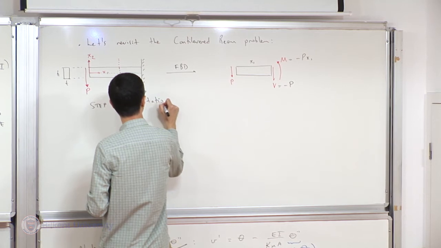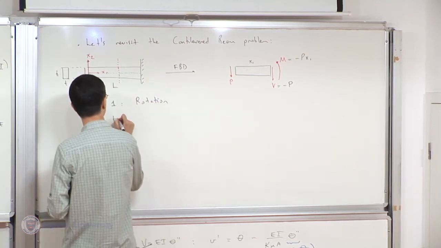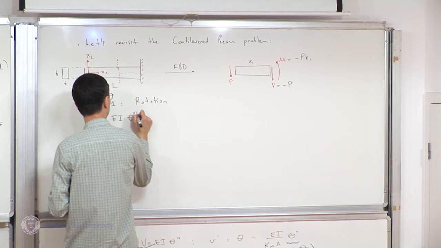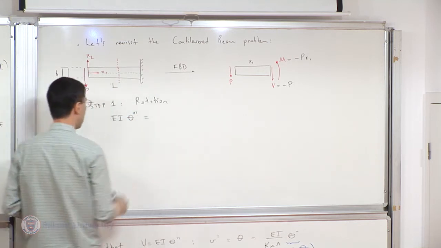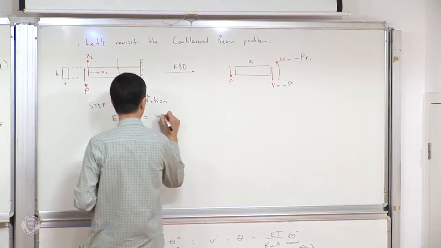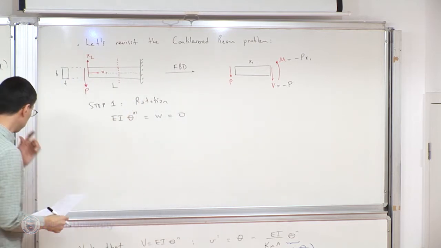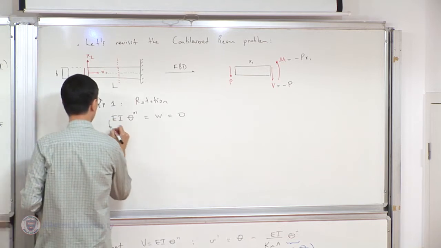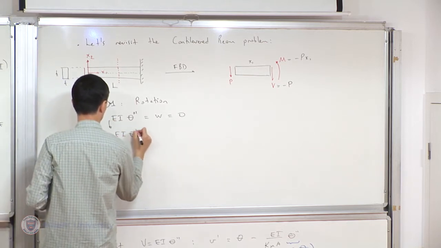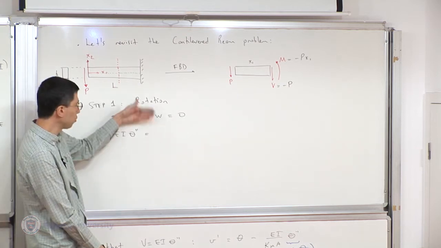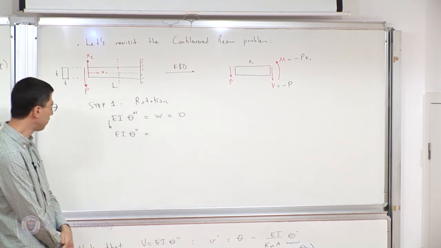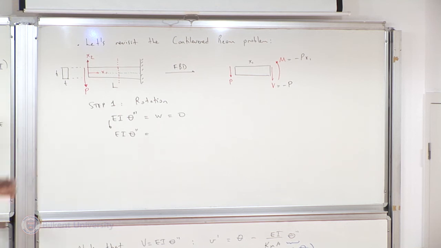So step one is the rotation step. I'll take the EI factor to the left to simplify things a tiny bit. EI theta triple prime would be equal to w, but that's equal to 0. So I integrate once towards the second derivative of rotation. If I had some distributed load as a function of x1, I would have to spend a little bit of time doing that integration, but I don't, so that's trivial.